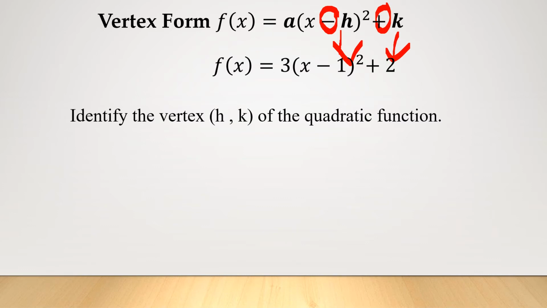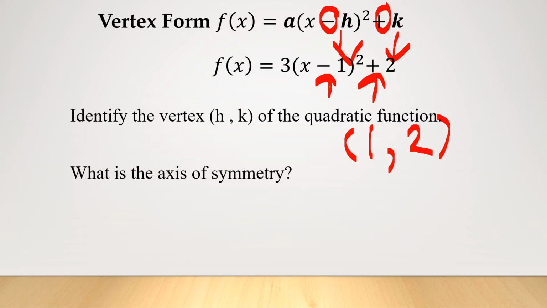Since in my function I have a minus 1, the h is going to be positive 1. Since I see a plus 2, my k is going to be positive 2. So the vertex of this parabola is 1, 2. What is the axis of symmetry?